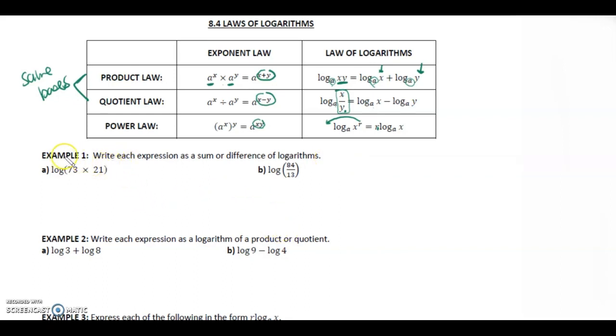Okay, example 1, write each expression as a sum or difference of logarithms. So log of 73 times 21. As a reminder, this is base 10. We don't have to write base 10 though. We can just write log 73 plus log 21.